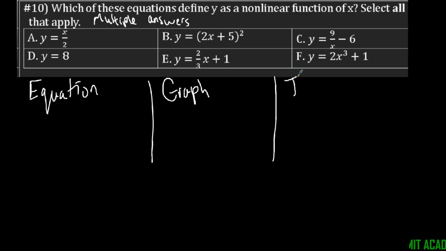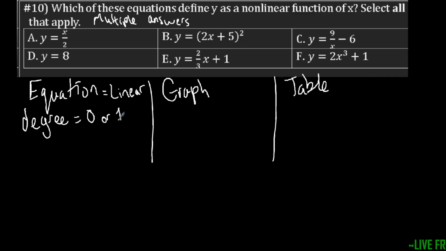and the table. So when we're looking at the equation for linear, that just means that the degree is going to be equal to 0 or 1. So that just means the power is going to be 0 or 1. So we're going to say highest exponent of x.